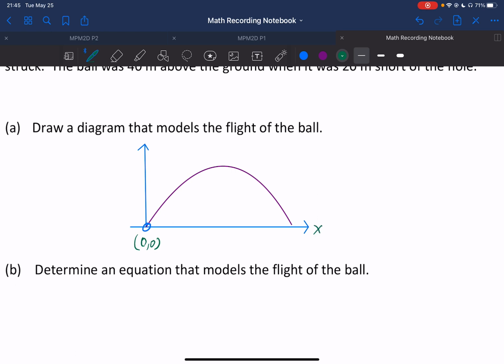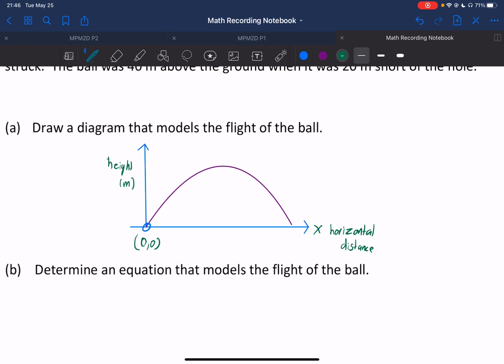This axis is going to be our horizontal distance, meaning how far it has gone. The one up here, our vertical, is going to be our height, and that's represented by meters as well.